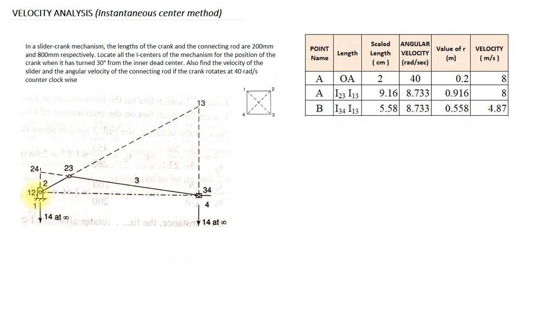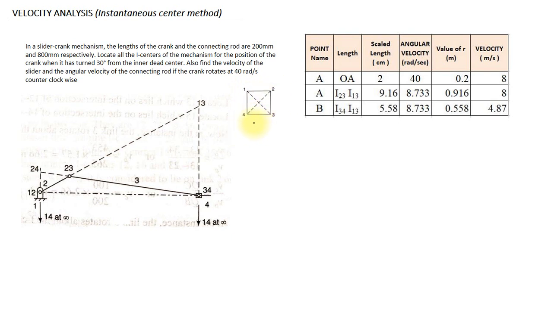First of all, you have to identify the number of instantaneous centers for this particular problem. Next, you have to mark 4 points, which is equal to the number of total links. So from this figure, you can identify the other instantaneous centers 1 2, 2 3, 3 4, 4 1 and 1 3 and 2 4.